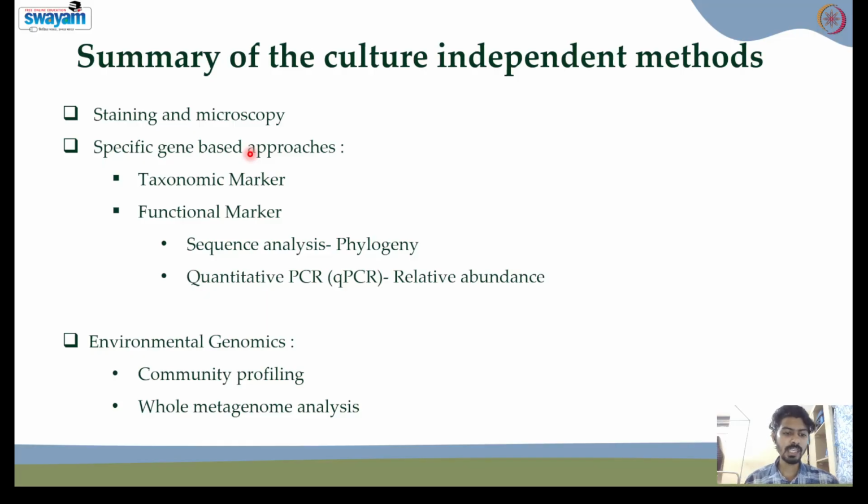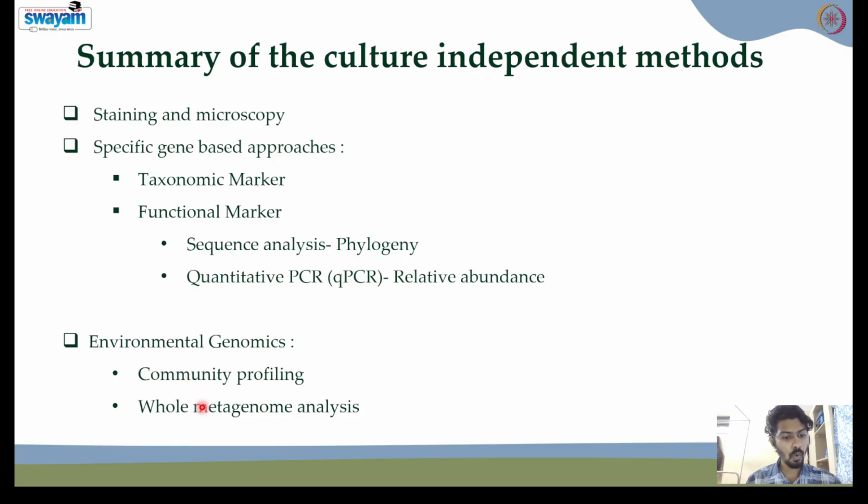In terms of environmental genomics, these specific gene-based approaches help us to understand community profiling. Community profiling means we can understand who is present, what are all the microorganisms that are present naturally in the environment, using the above techniques, and we can also evaluate the proportion or abundance of the microorganisms in the environment.